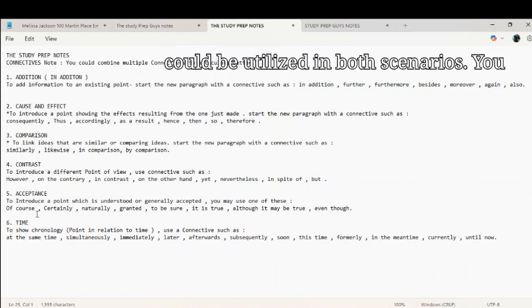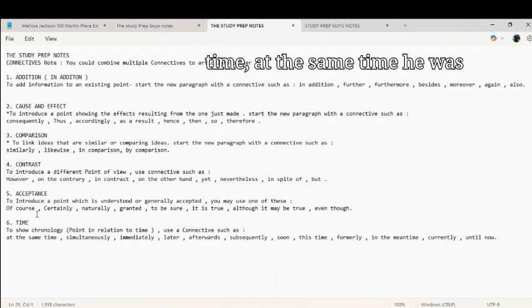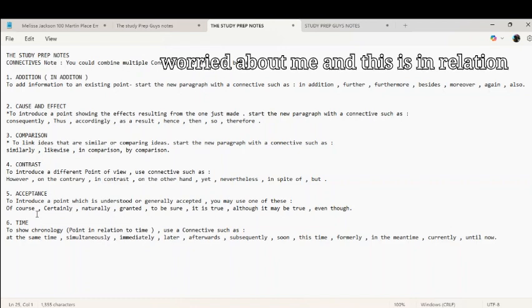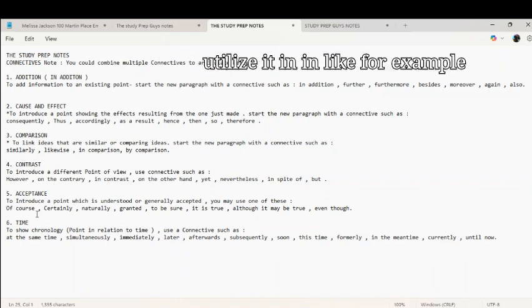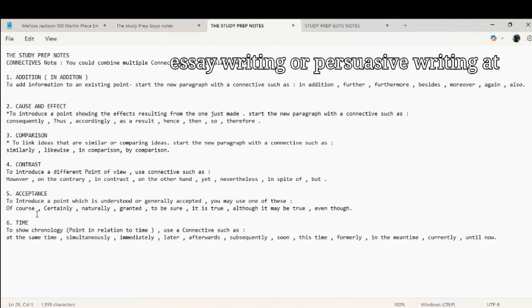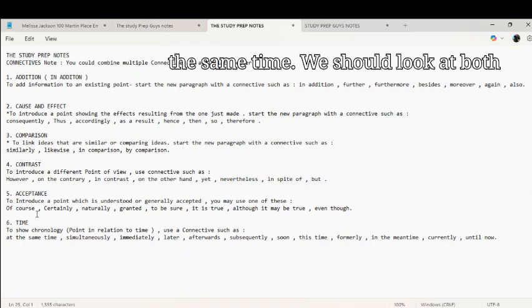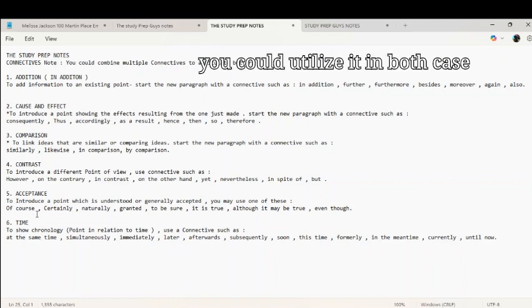You utilize connectives such as at the same time, he was worried about me, and this is in relation to story writing. Or you could utilize it in essay or persuasive writing: at the same time, we should look at both sides of the argument. You could utilize it in both scenarios.